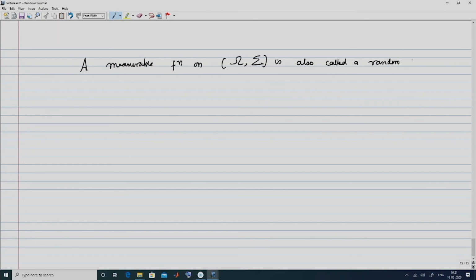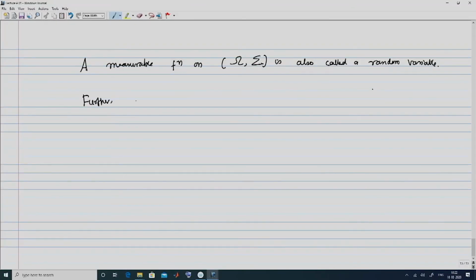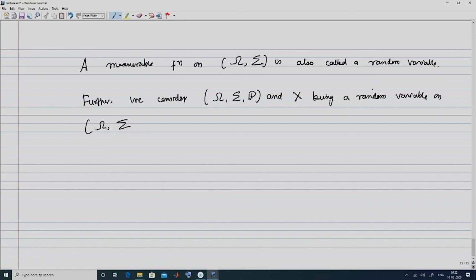So, that is your definition of random variable in the continuous setup. Further, we consider the probability space (omega, sigma, P) and X being a random variable on the measurable space (omega, sigma).